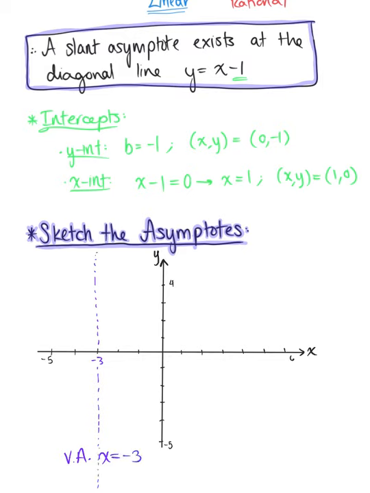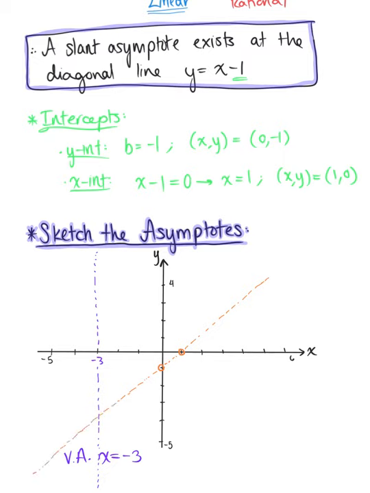And now to sketch our slant asymptote or our oblique asymptote, we begin by thinking about the intercepts. So we know we have a y-intercept at the ordered pair 0, -1, and an x-intercept at the ordered pair 1, 0. So using these two ordered pairs, we can now sketch a graph of our slant asymptote by drawing a dotted line passing through these 2 points.